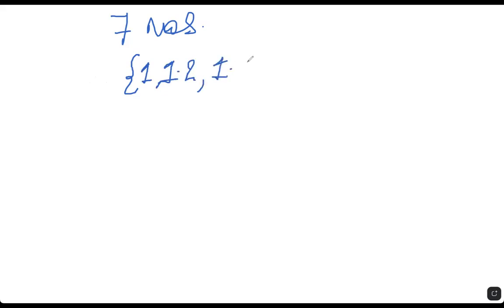Let's assume I'm given 7 numbers or 7 observations. I'm just giving a simple example here. Let's assume my values are 1, 1.2, 1.1, 2.1, 1.8, 1.8, 1.6, 1.2.